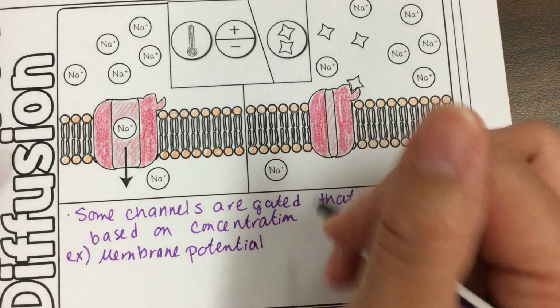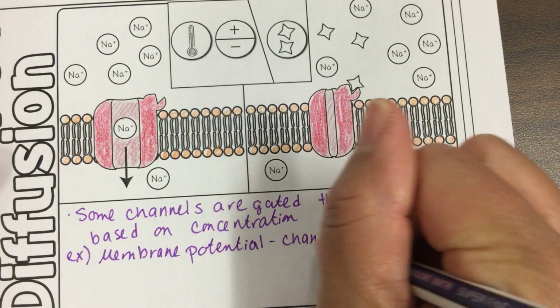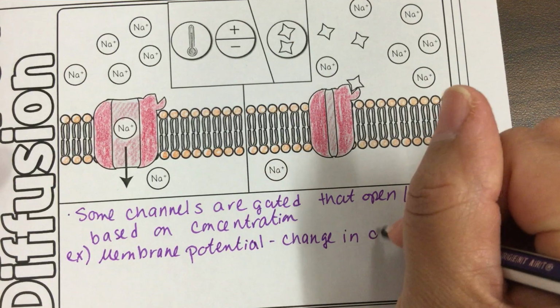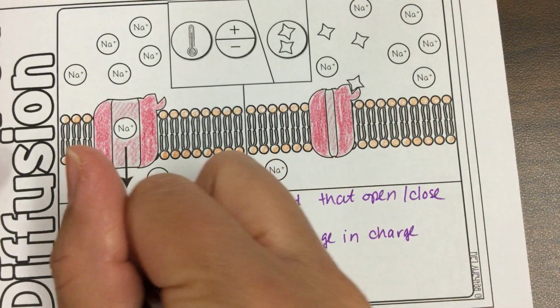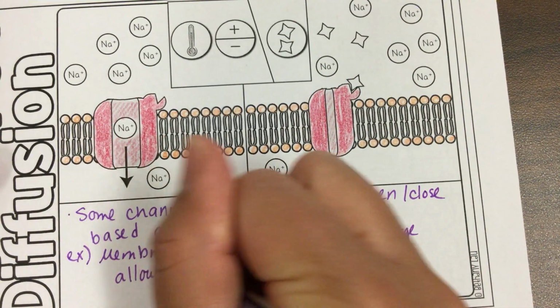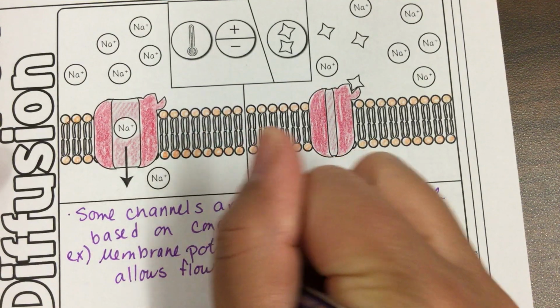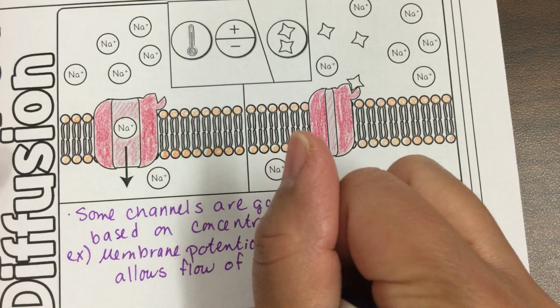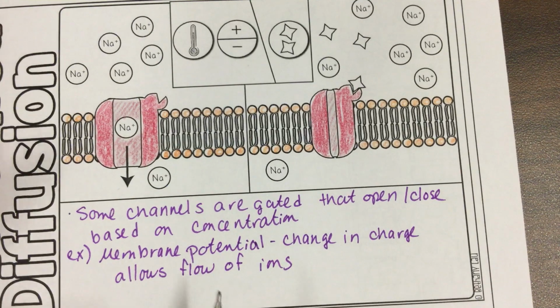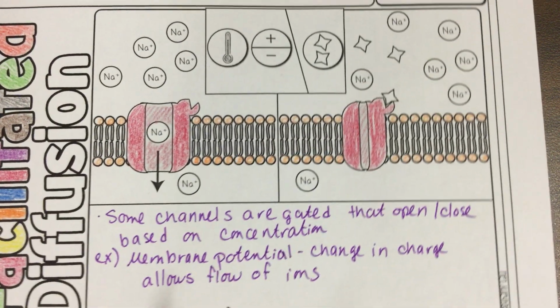So a change in charge allows the flow of ions. This would be an example of a transport protein.